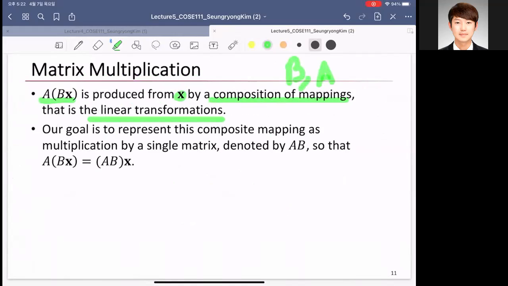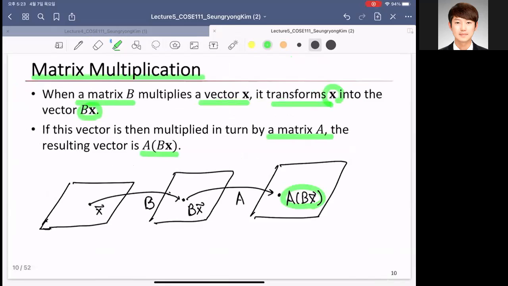In other words, our goal is to represent this composite mapping as a multiplication by a single matrix denoted by AB, so that A times BX is equal to ABX. Okay, let's go back to here.